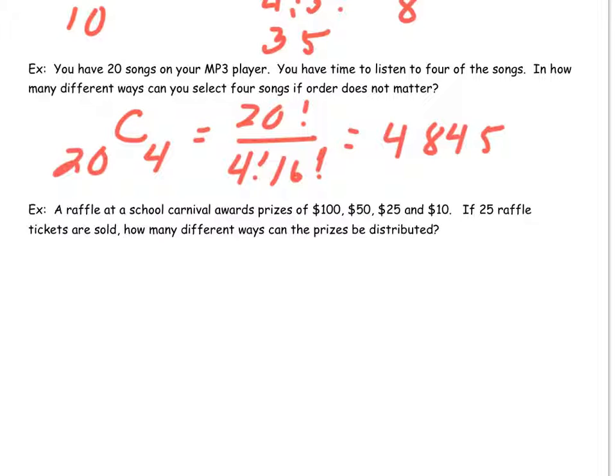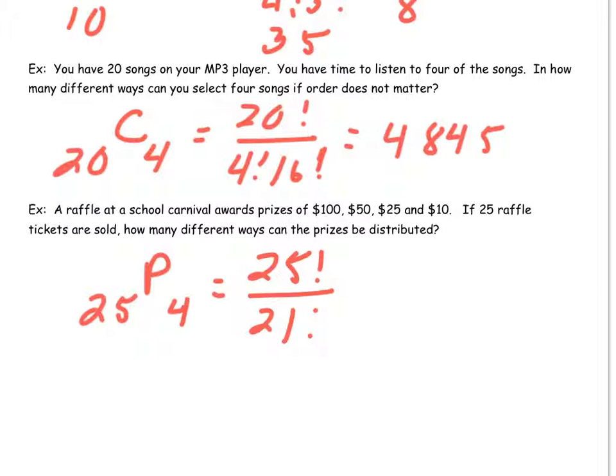So instead of using a combination, we're going to use a permutation. So 25P, how many prizes? 1, 2, 3, 4 prizes, so that's 25 factorial over 21 factorial, which would be 303,600 ways to award that prize to those 4 people.